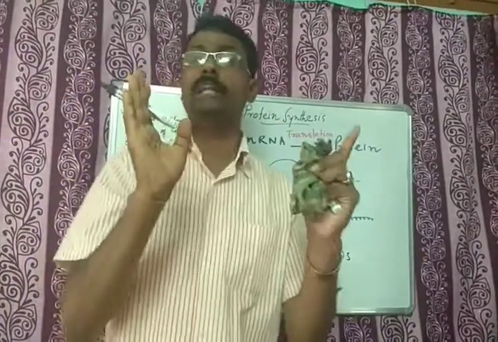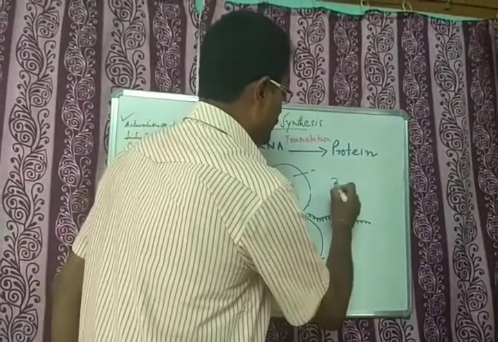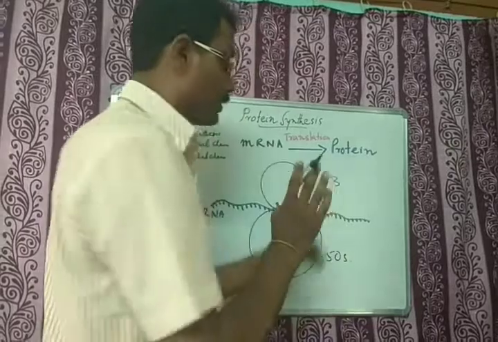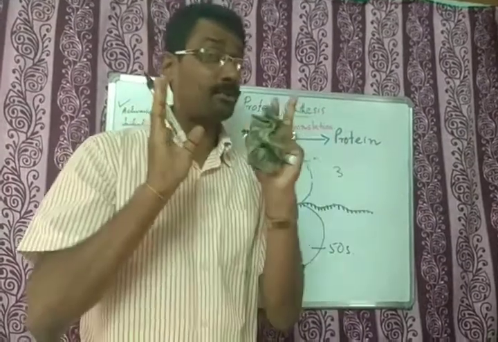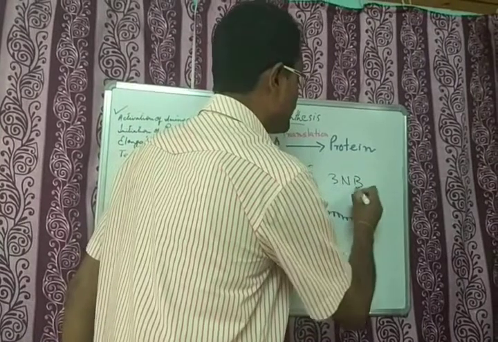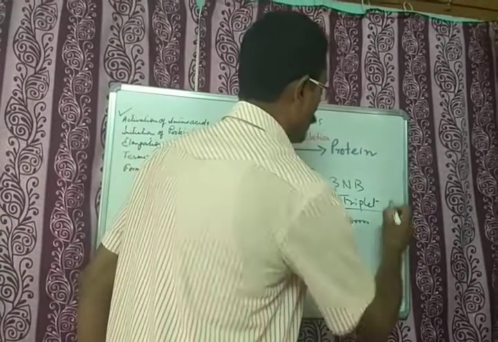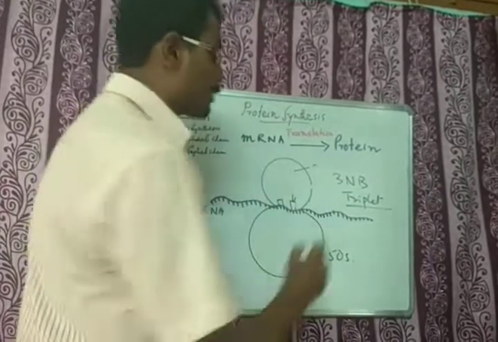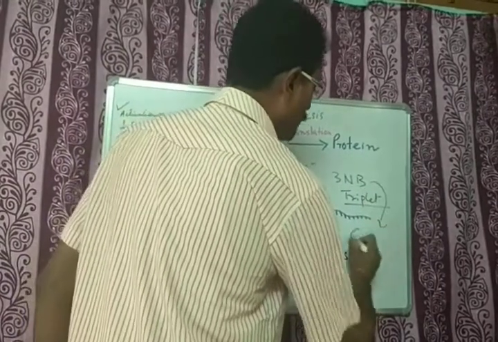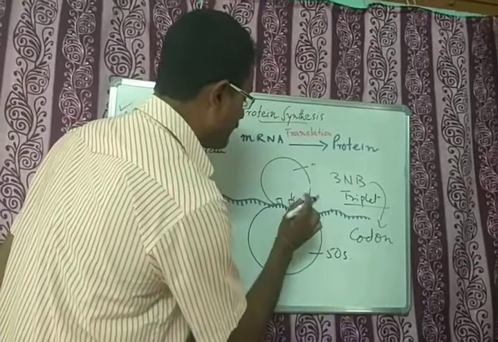What is that codon and anticodon we have done earlier? See, 3 triplets. 3 nitrogenous bases together. 3 nitrogenous bases are called a triplet. They are called what? Codon.